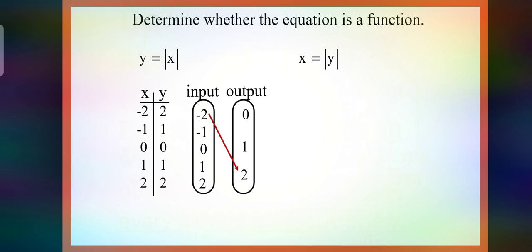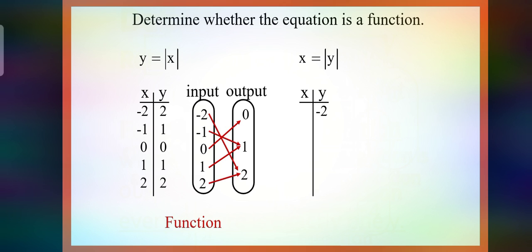So negative 2 is for 2, negative 1 is for 1, 0 is for 0, 1 is for 1, and 2 is for 2. So the first equation, y is equal to the absolute value of x, is an example of a function. On the other hand, x is equal to the absolute value of y.